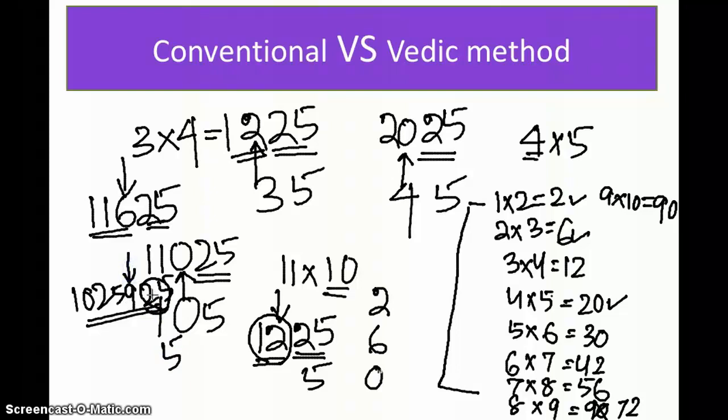You can never get a number by multiplying consecutive numbers that ends in 9, because we have just seen that only 2, 6 or 0 can come. So I am very sure that this is not a whole square of any number.